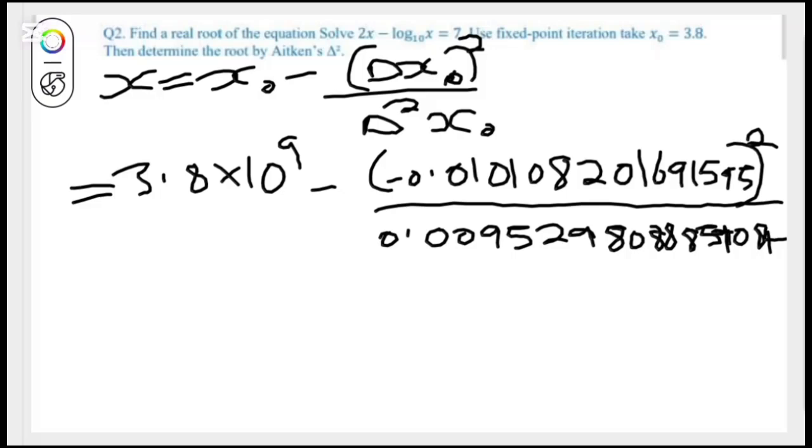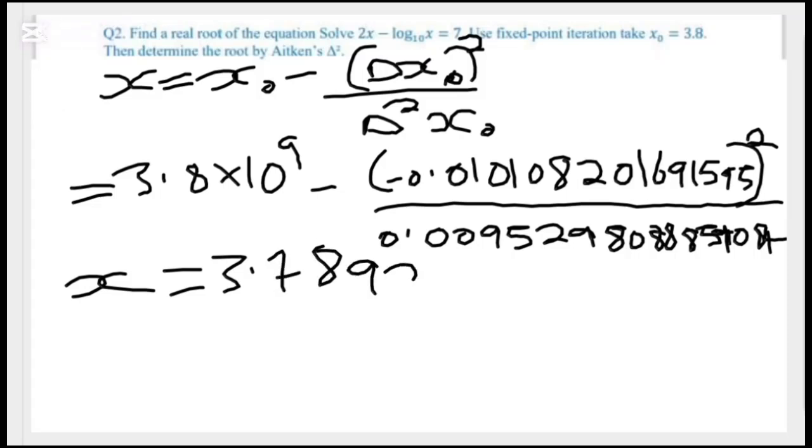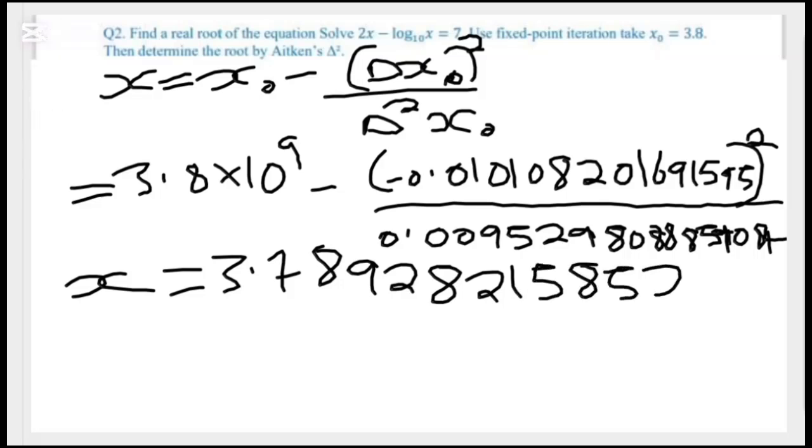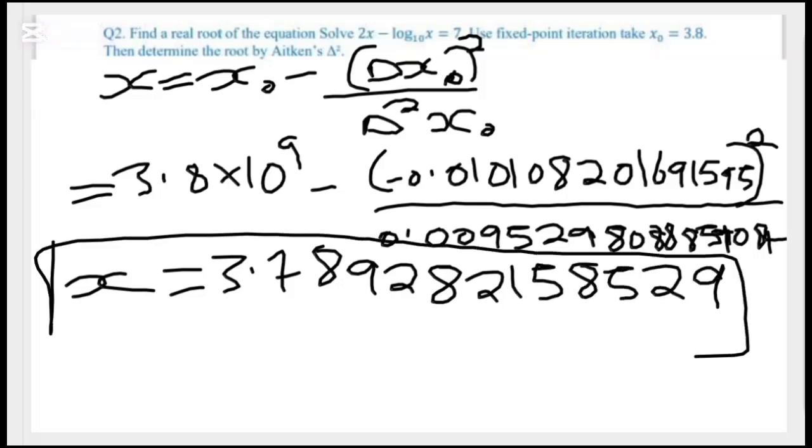So at the end, let me see what I am going to get finally. 3.8 times 10 to the power of 9 minus 0.010821695 squared divided by 0.095298888859084. So I'll get 3.7892821585521. So this is the final solution of this question.